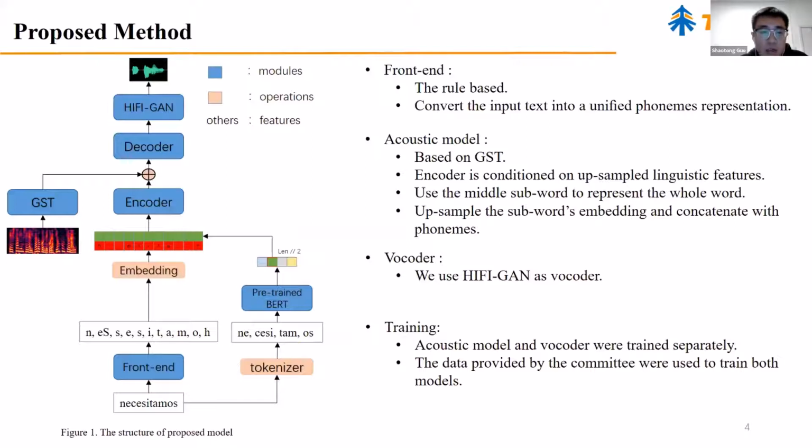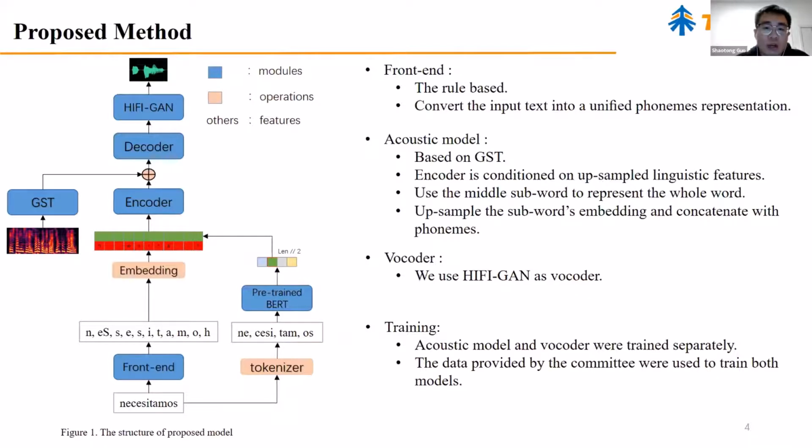The red part: every Spanish word is tokenized into a few tokens, and we choose the middle token to represent the whole word, and upsample these subword embeddings according to the length of the phonemes, and concatenate them as the encoder inputs.